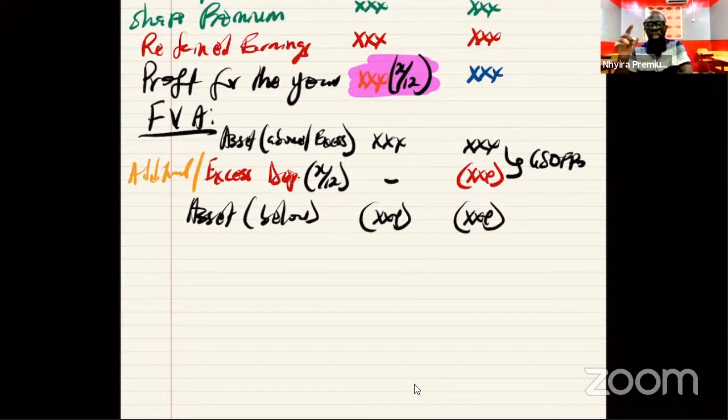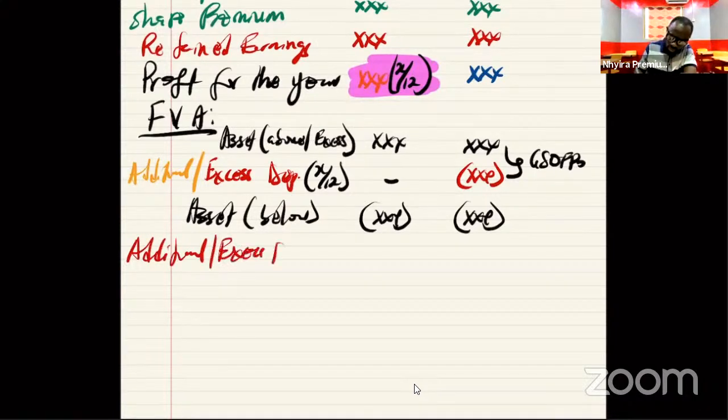Then, because they are carrying the assets above its fair value or more than the amount at which they are supposed to carry it, there is going to be again an additional depreciation here, which is still going to be based on the post-acquisition period.